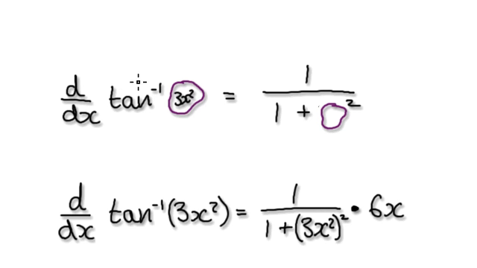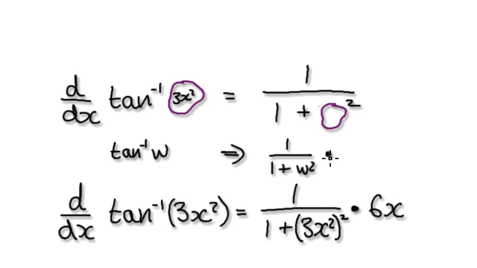So if you use the chain rule here, you can imagine this as being 3x squared, and call it w. When you differentiate this, using this here, it will be 1 over 1 plus w squared, and then you've got to times w by dw by dx, because the w here is really the bubble.